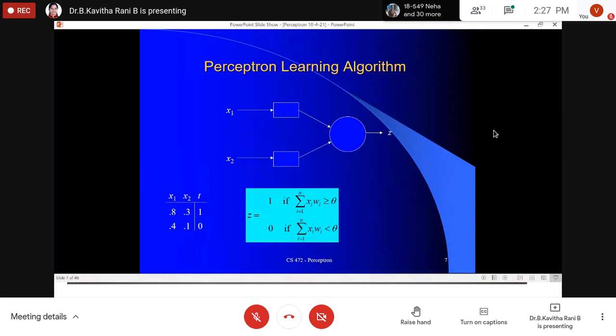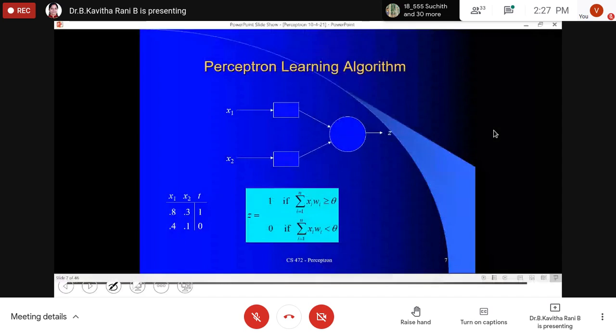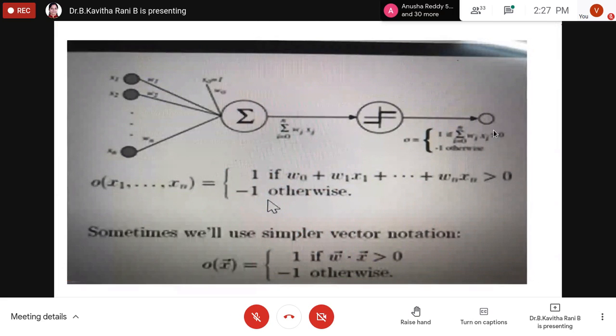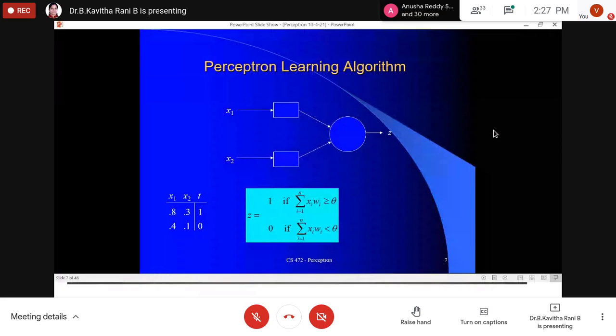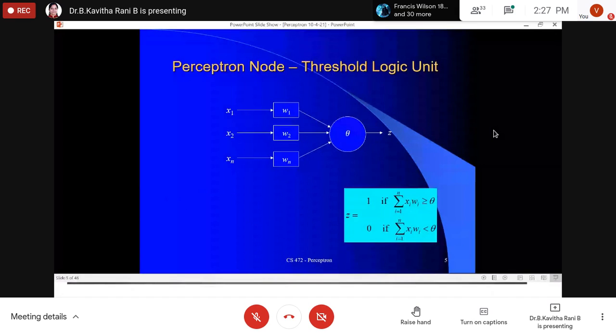So here you can see this is one example. In the below, you can see x1, x2. x1, x2 are two input values.